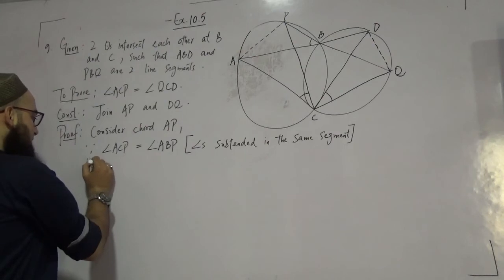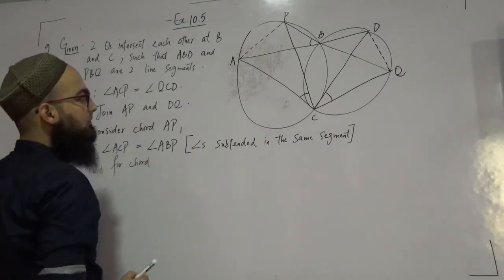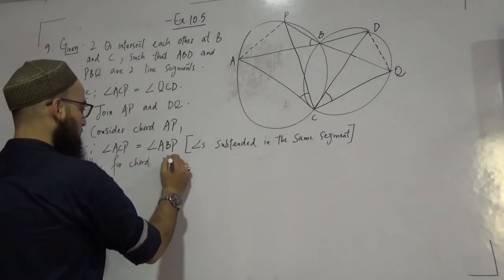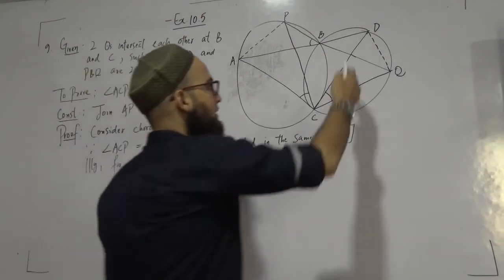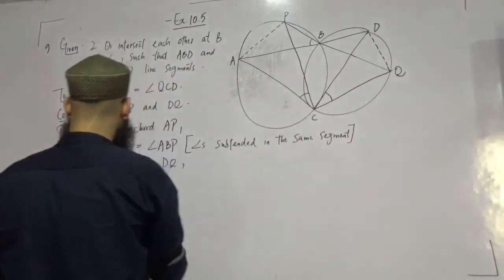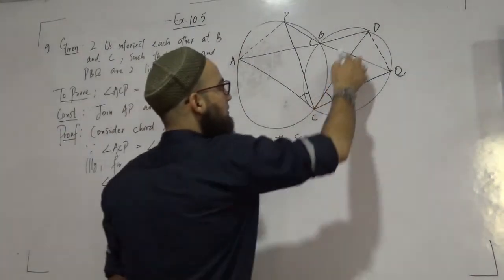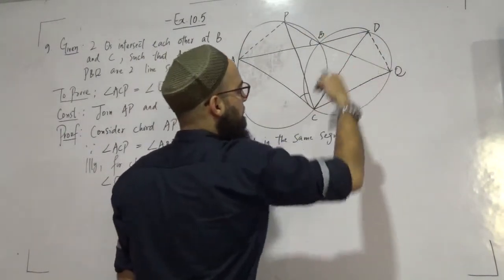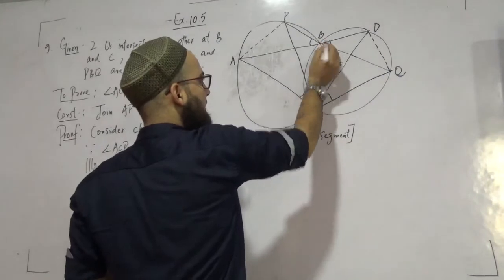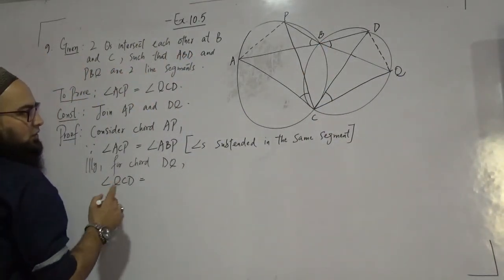Similarly, you can do the same for chord DQ. What you observe for DQ is that the angle subtended by DQ is QCD, and angle QCD is equal to this angle, angle DBQ.